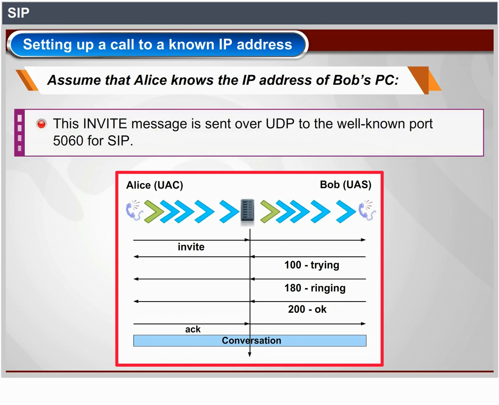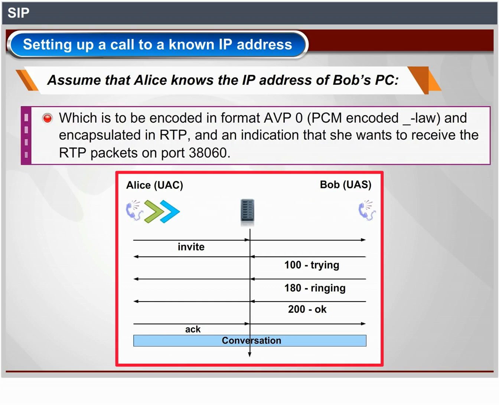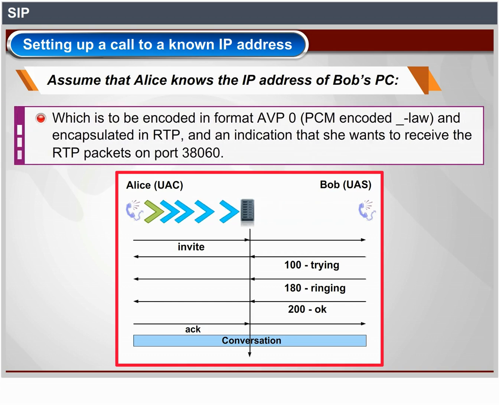This INVITE message is sent over UDP to the well-known port 5060 for SIP. The INVITE message includes an identifier for Bob at 193.64.210.89, an indication of Alice's current IP address, an indication that Alice desires to receive audio, which is to be encoded in format AVP 0, PCM encoded μ-law, and encapsulated in RTP, and an indication that she wants to receive the RTP packets on port 38060.